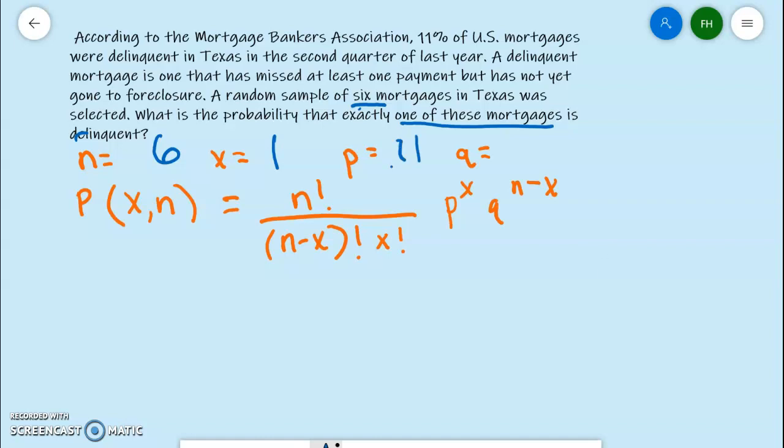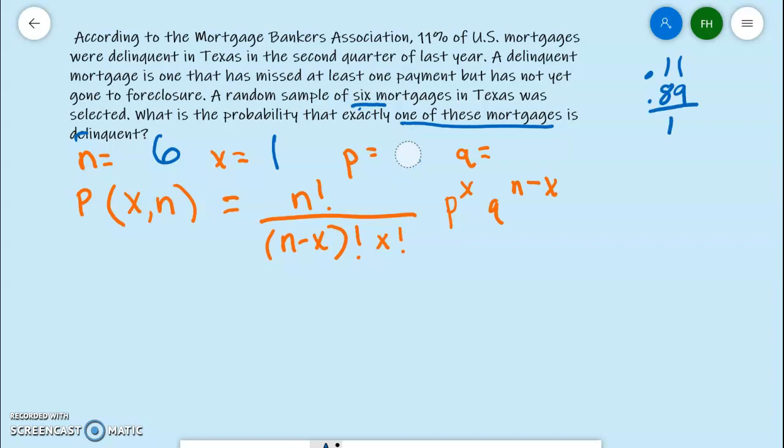I always use the probability given to me as P, and then the probability of failure is 1 minus P, because they have to add up to 1. So 0.89 and 0.11 add up to 1.